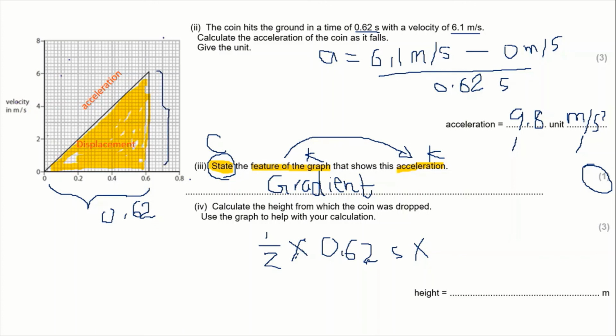The height is 6.1 meters per second. Right. Now we can calculate the area under the graph through this equation.